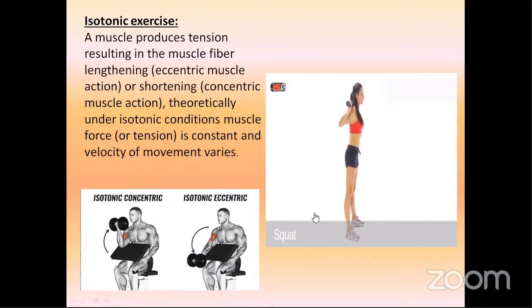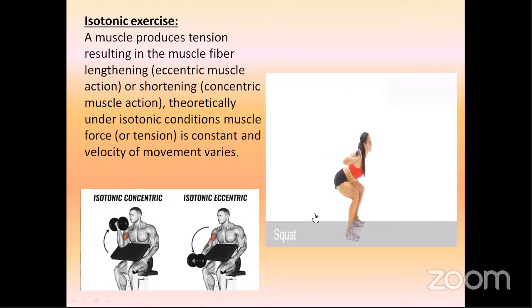Concentric contraction occurs when the muscle shortens to produce a movement. For example, take the biceps brachii: the muscle shortens, overcoming the weight of the dumbbell to produce flexion of the elbow. That is called concentric contraction. The biceps brachii lengthens to produce extension of the elbow, which is eccentric contraction.